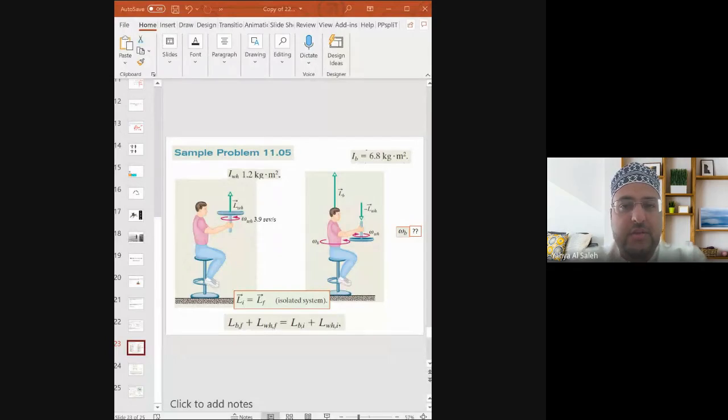The student, initially at rest, is holding a bicycle wheel whose rim is loaded with lead, so the outside is really, really heavy, and whose rotational inertia about its central axis is 1.2 kilogram meters squared. Now the wheel is rotating at an angular velocity of 3.9 revolutions per second in a counterclockwise fashion.